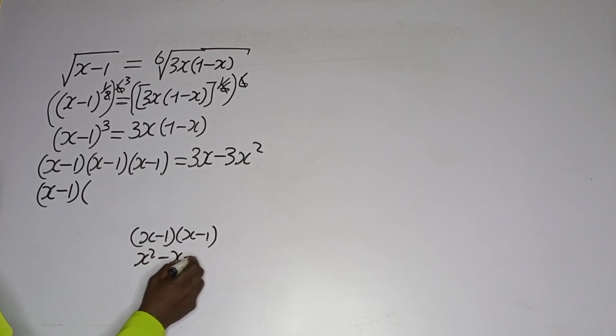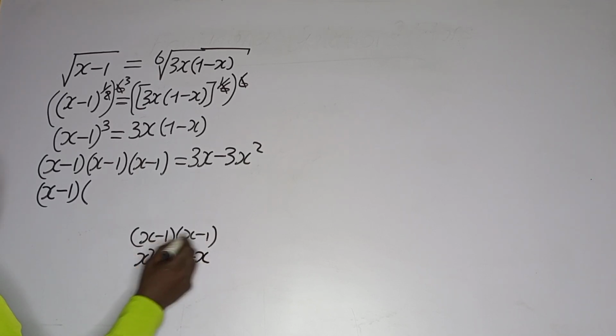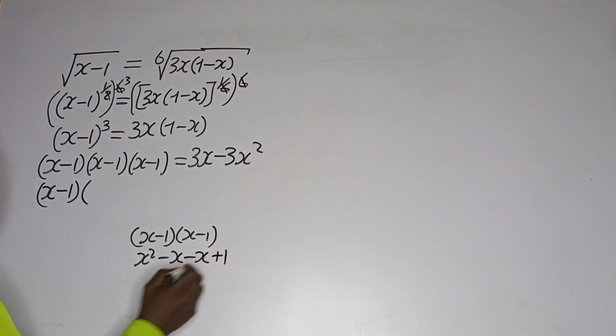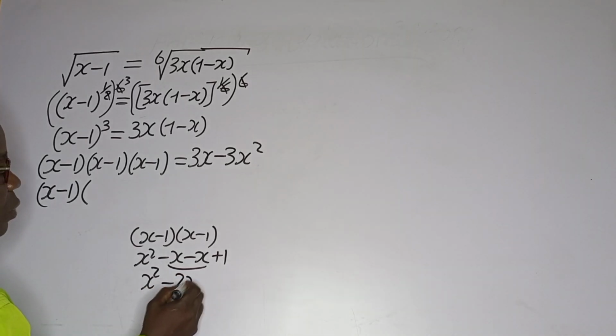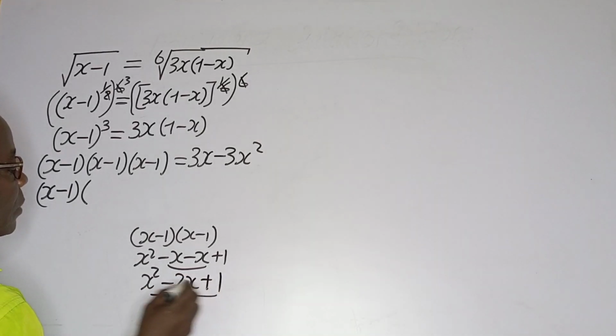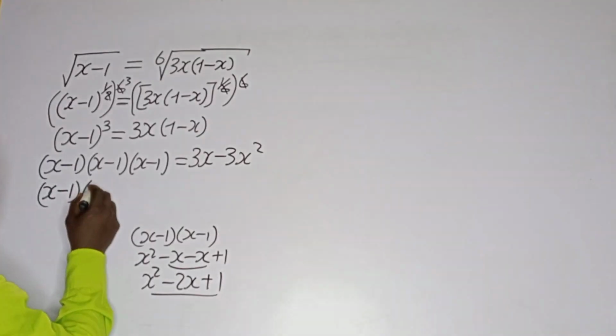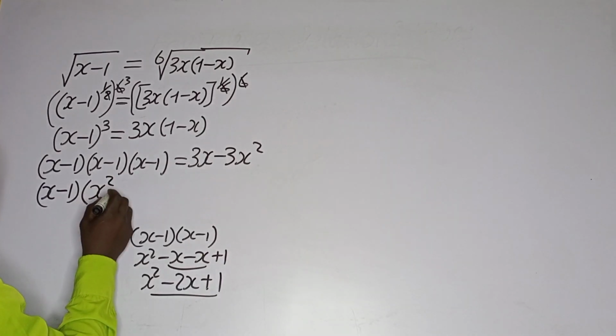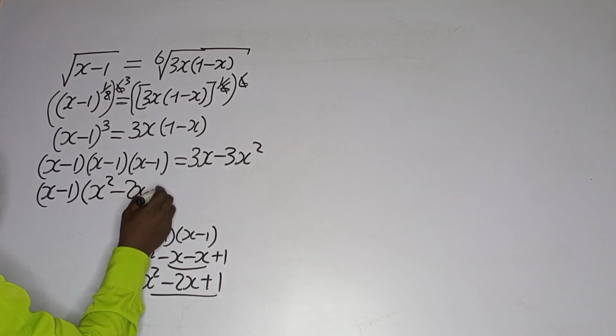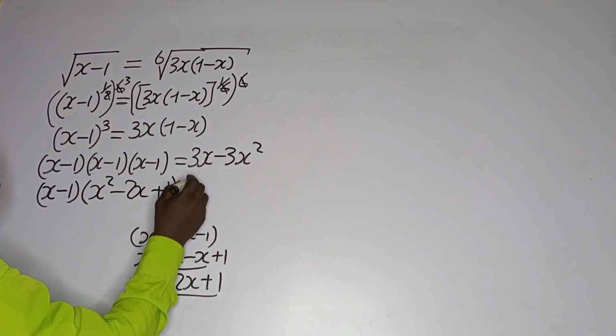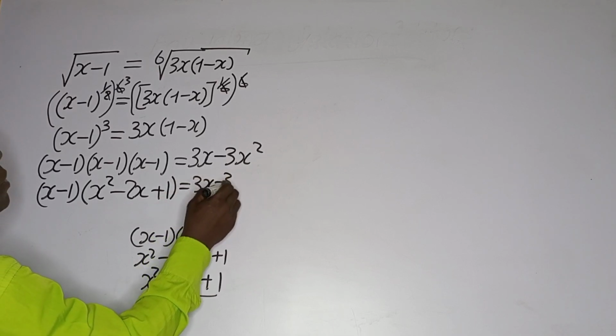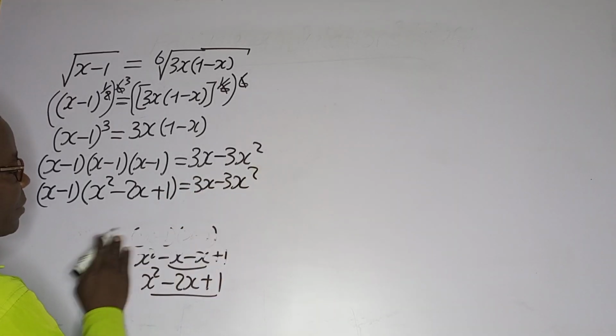Negative 1 multiplied by x is negative x. Negative 1 multiplied by negative 1 is positive 1. So this gives us x squared, negative x minus x, that is minus 2x, plus 1. So we take this and put it here. We have x squared minus 2x plus 1 times x minus 1 is equal to 3x minus 3x squared.